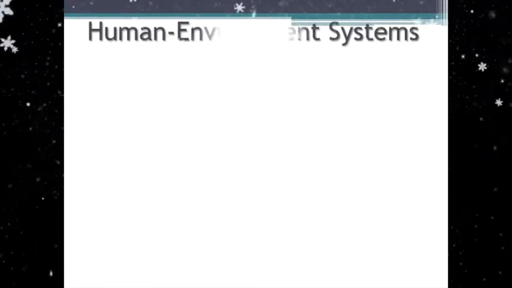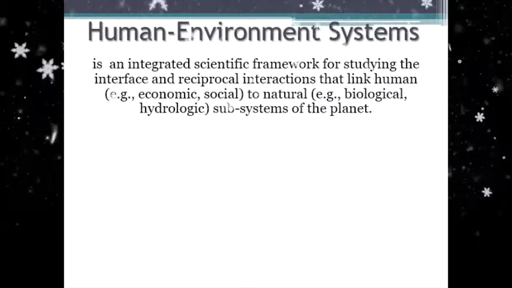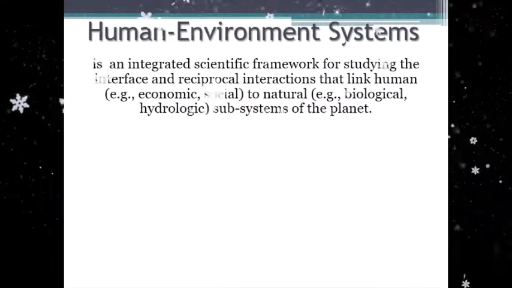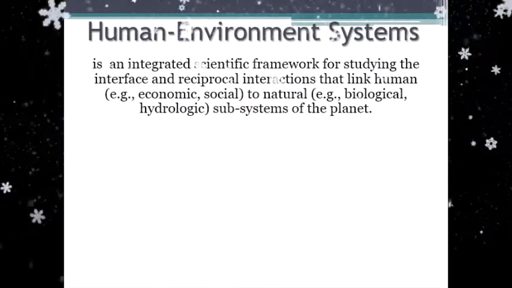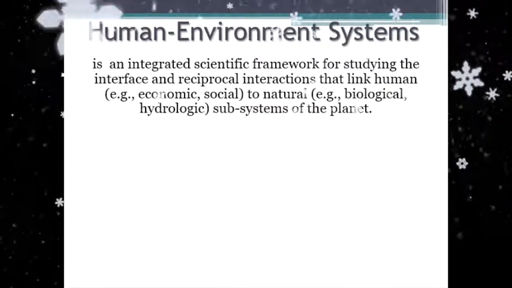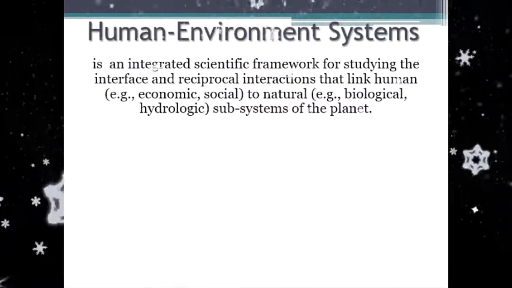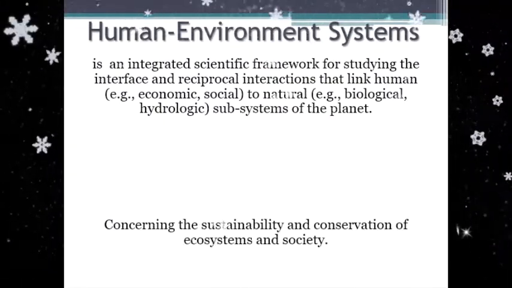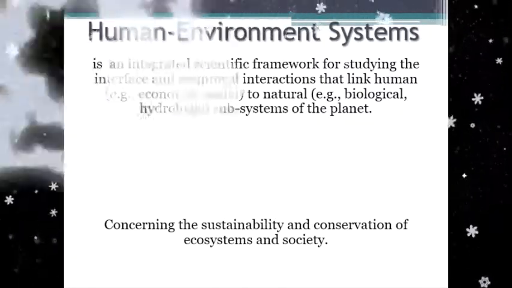Human-environment systems is an integrated scientific framework for studying the interface and reciprocal interactions that link human, for example economic and social, to natural, for example biological and hydrologic, subsystems of the planet, concerning the sustainability and conservation of ecosystems and society.